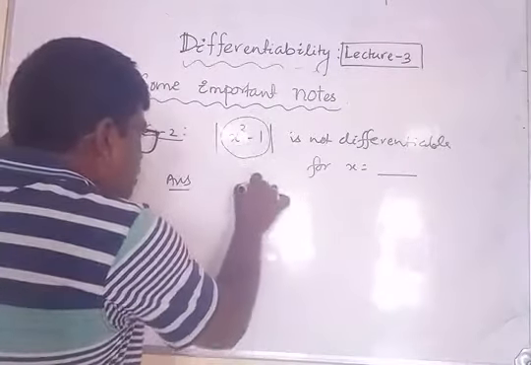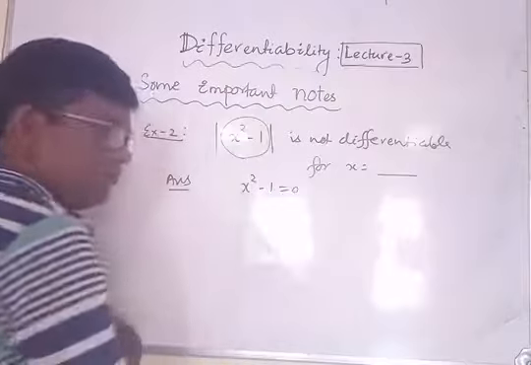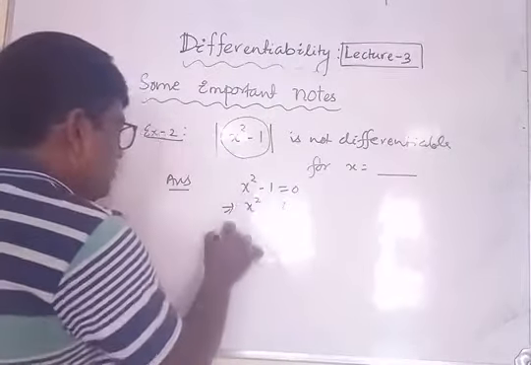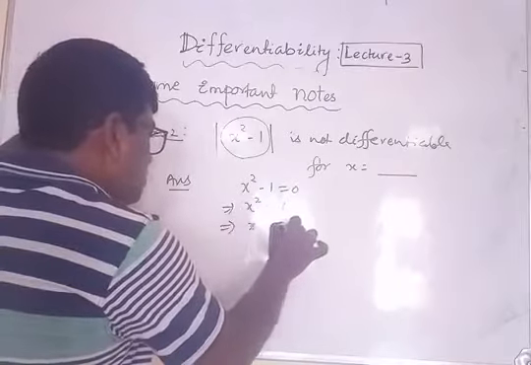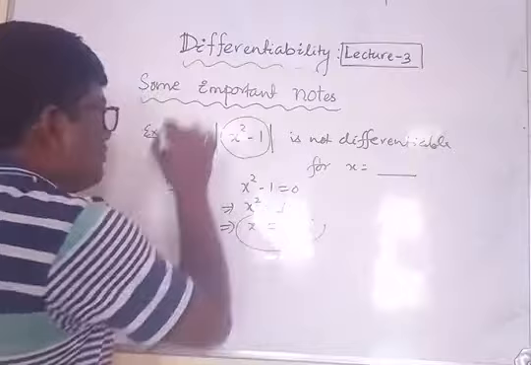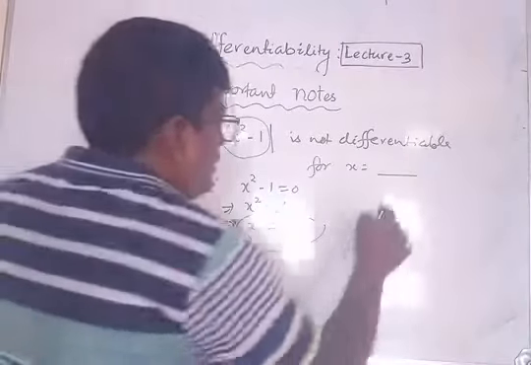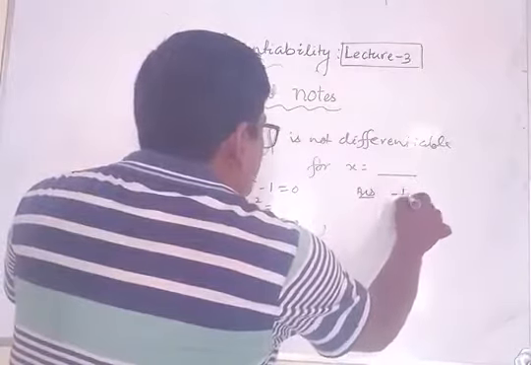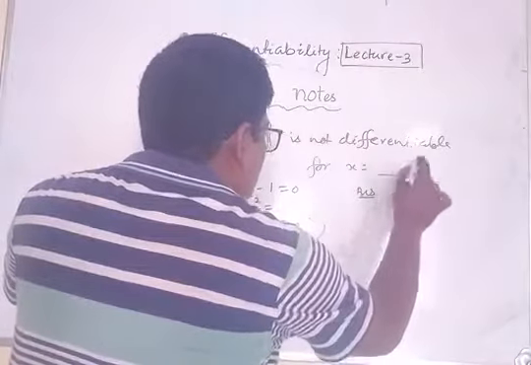If x squared minus 1 is equal to 0, that implies x squared is equal to 1. So x is equal to plus or minus 1. For plus or minus 1, this function is not differentiable. So answer is plus or minus 1.